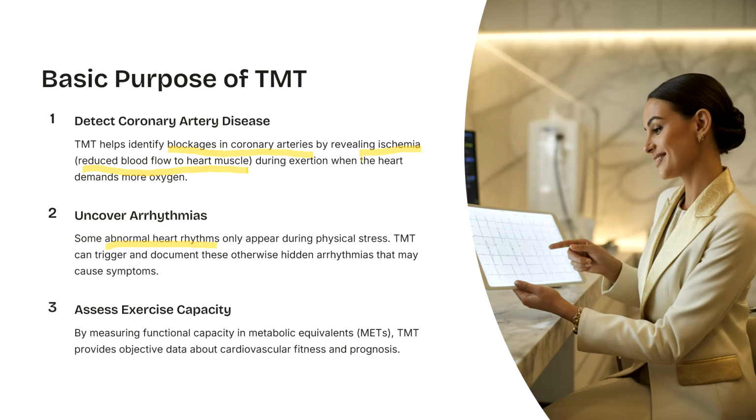Next, assess the exercise capacity. That means whether a person is capable of doing a certain amount of exercise, by measuring the functional capacity in metabolic equivalents, like METs. TMT provides objective data about cardiovascular fitness and prognosis, meaning if there is any progressive problem within the heart.